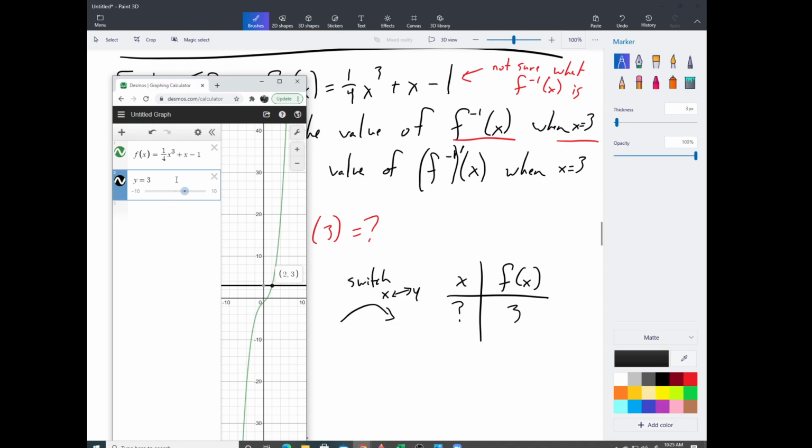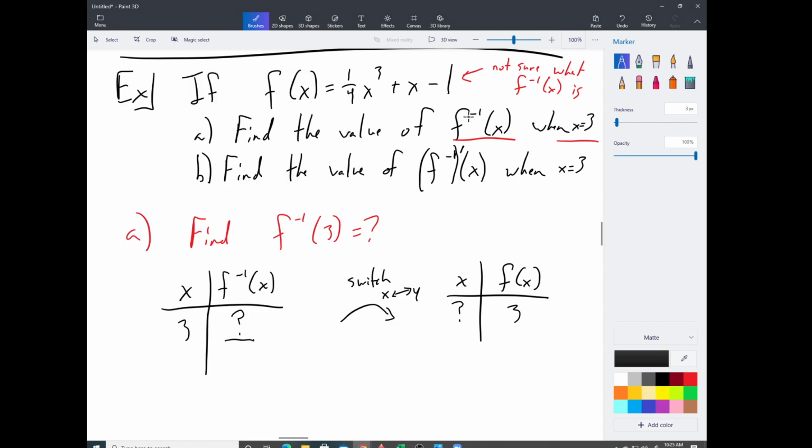But I use the graph to help me find what the x value is because algebraically, if I were to just try to plug in 3 equals 1 over 4 x to the third plus x minus 1, the first step's not so bad.